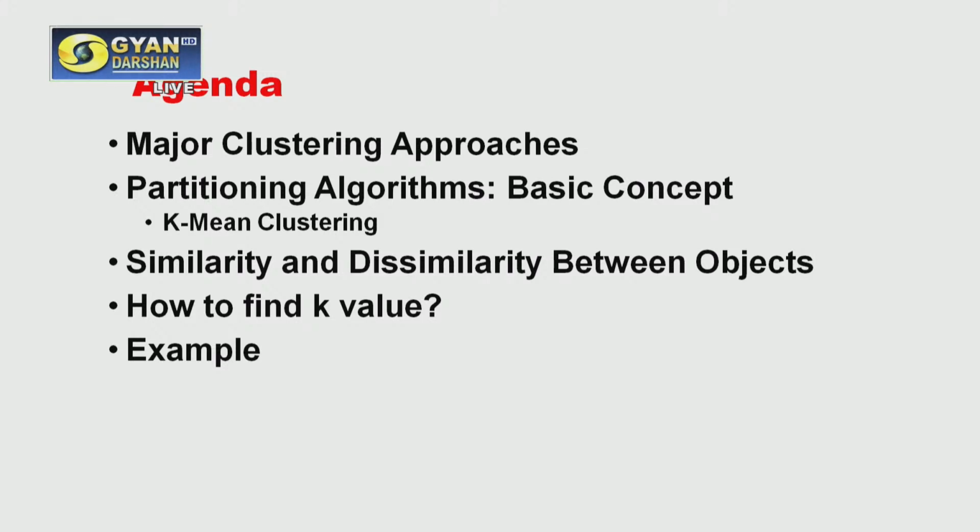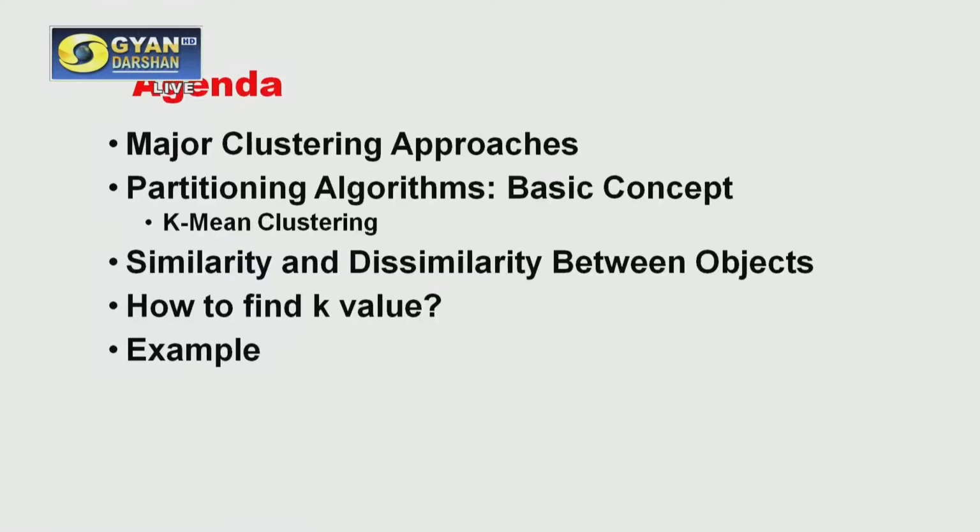Then we will also understand what is meant by the k value, because when we talk about k-means, k defines the number of clusters. It is one of the inputs where the user has to give how many clusters he wants to build.